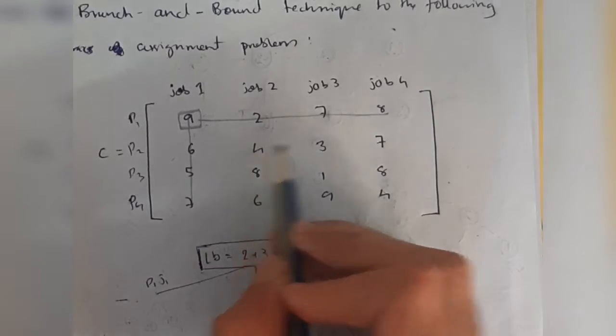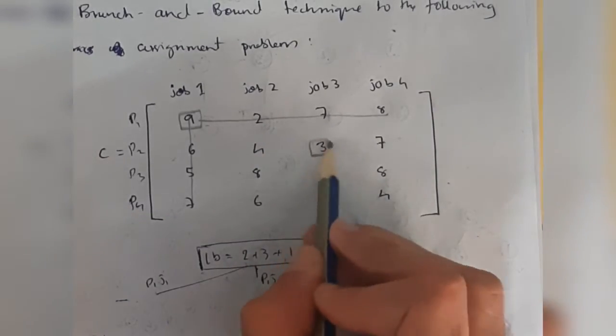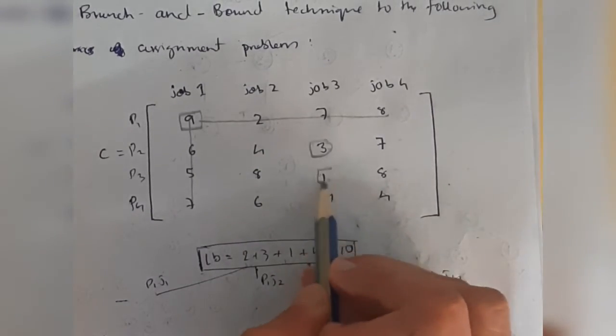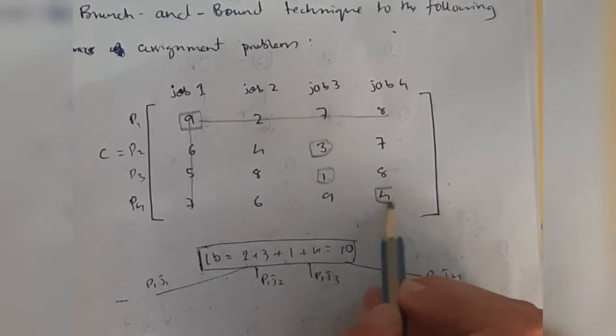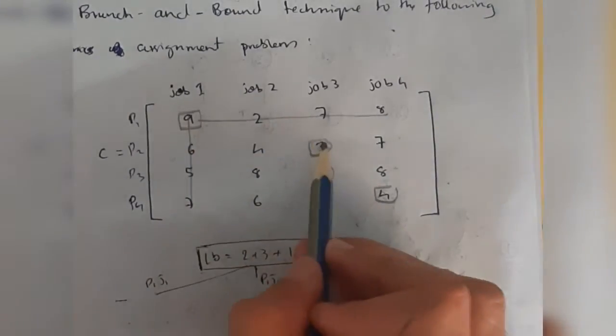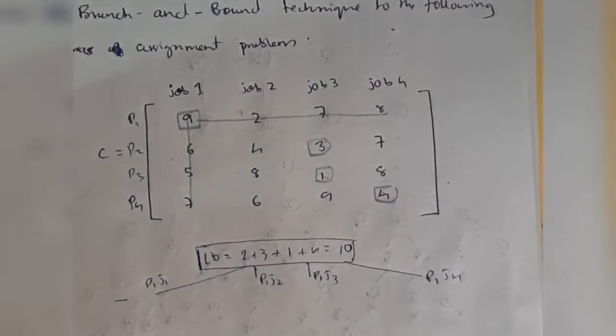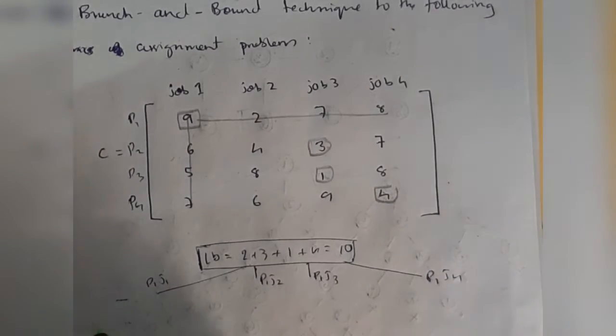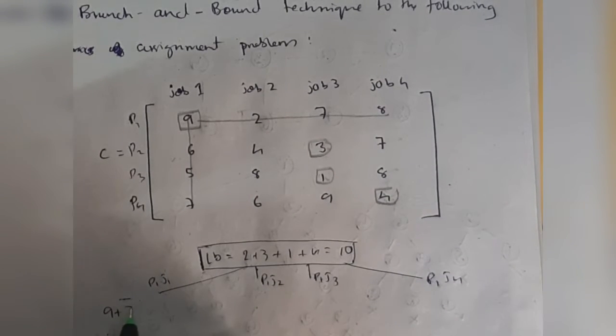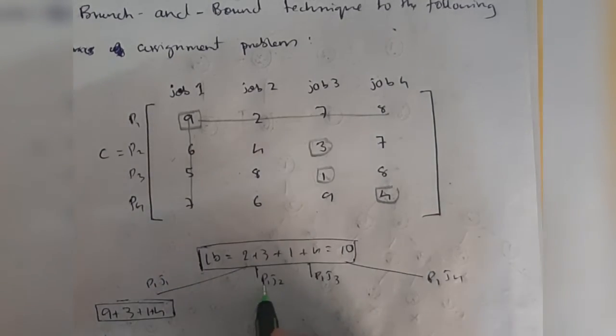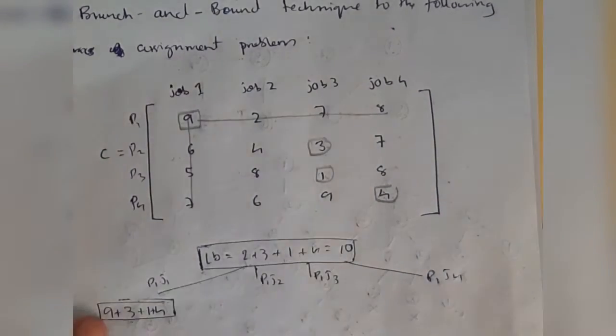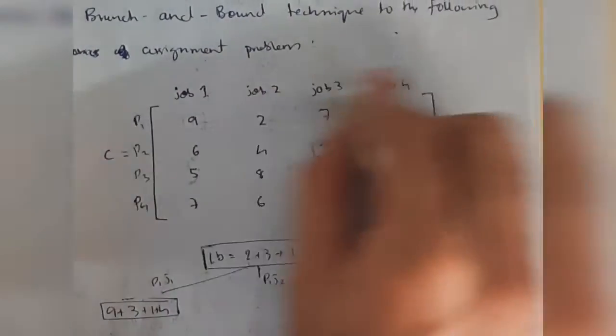You have to select the minimum among this one: 4, 3, or 7, 3, 8, 1, or 8, 1, 6, 9, or 4, 4. Then write 9 plus 3 plus 1 plus 4. Keep it like this. Second one, P1 J2.